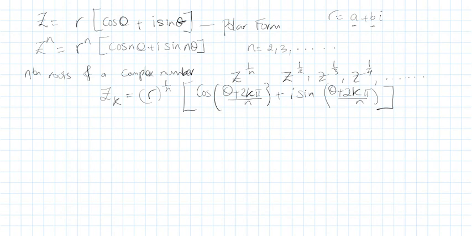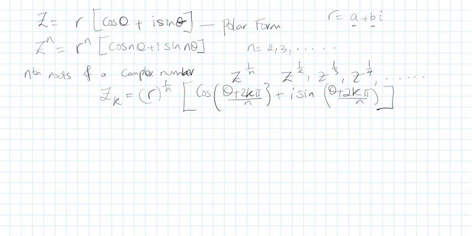It's important to remember that De Moivre's theorem is given to you in the information booklet. So this line here is actually given to you. However, the nth root formula is not given, so it's a formula which you'll have to remember for the exams.